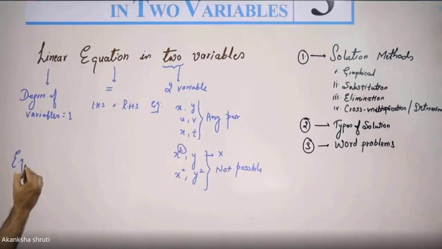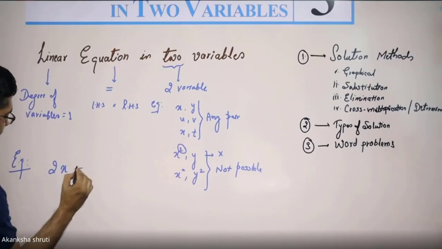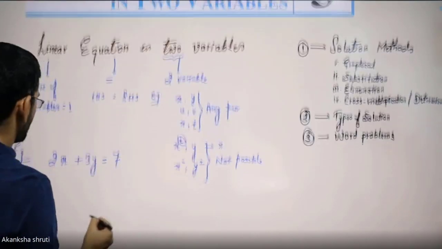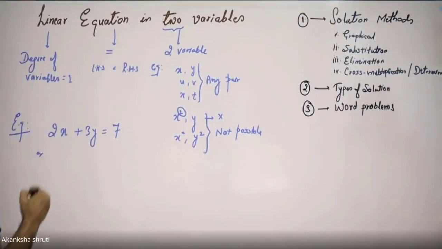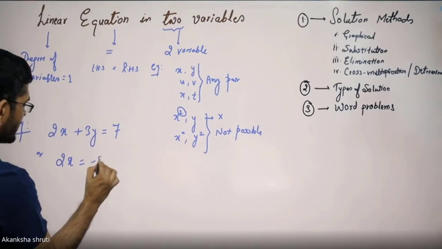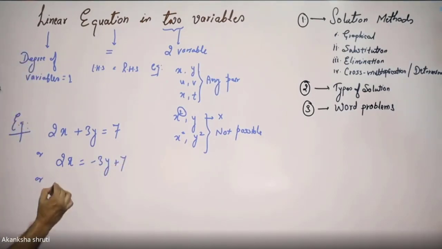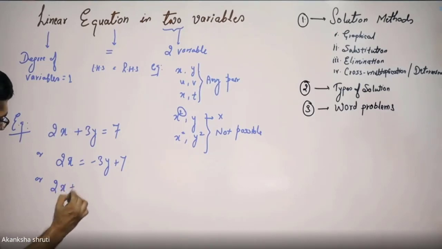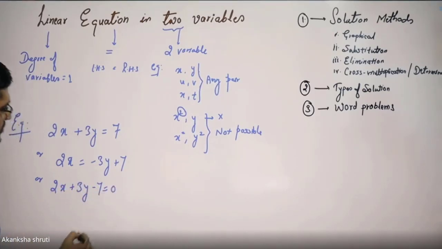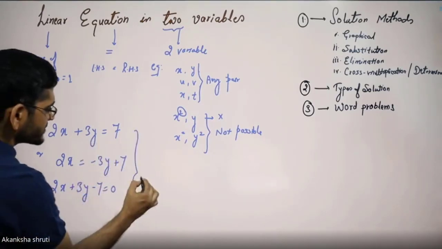Example, say 2x plus 3y is equals to 7, or even you are writing, say 2x is equals to minus 3y plus 7, or even you are writing 2x plus 3y minus 7 is equals to 0. All these three equations are the same.